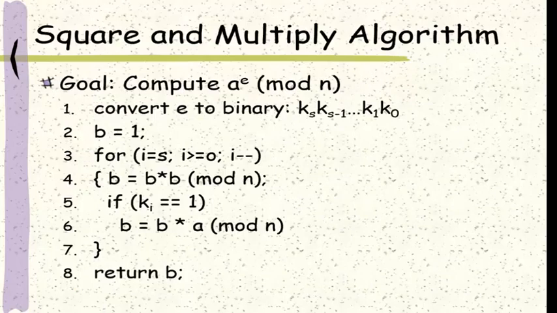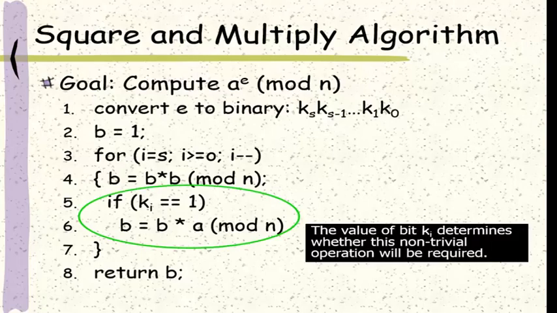This is the pseudocode of the square and multiply algorithm that we have learned last week. It is one of the most efficient ways to compute the value of a to the power e mod n. Remember that this multiplication operation will only be executed when k sub i equals 1.